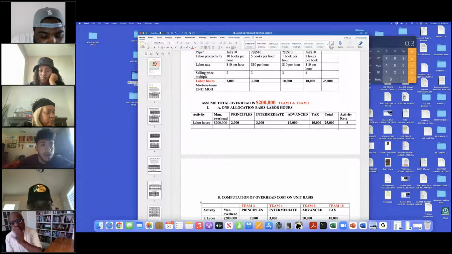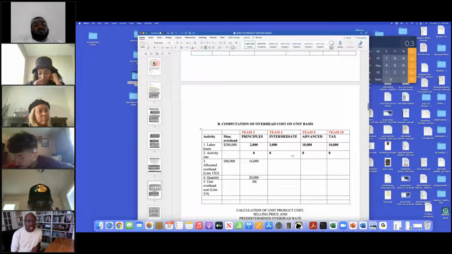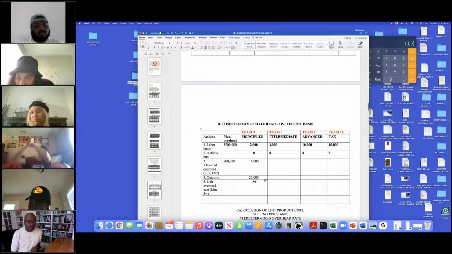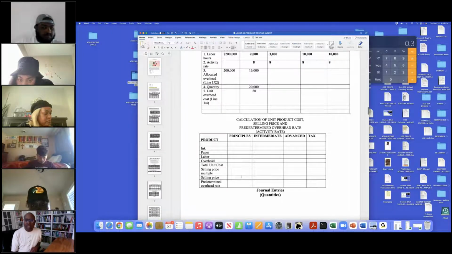Then we just said we work with principles and we came up with 0.8. Now I want you to go through and, just for the principles book, give me ink, paper, and labor, unit overhead cost, total cost, selling price multiple, selling price, and the POR. You have about 8 minutes to complete that.